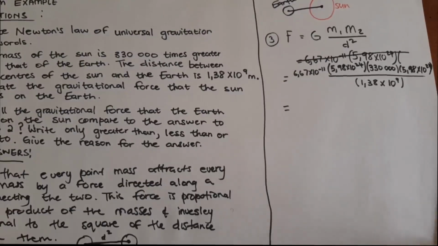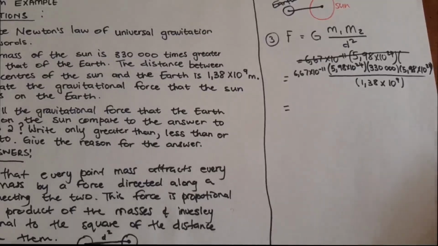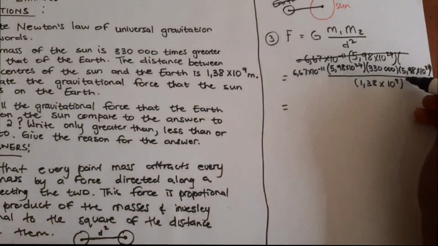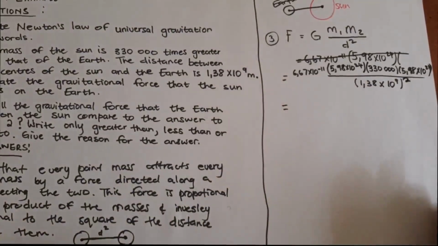6.67 multiply by 10 to the power of negative 11, multiply by 330,000, multiply by 5.98 multiply by 10 to the power of 24, divide by 1.38 multiplied by 10 to the power of 9, all to the power of 2.